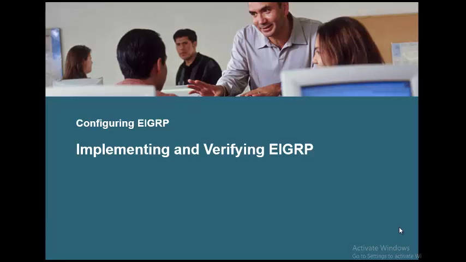Right. Earlier in our class, we saw implementing and verifying EIGRP. We implemented EIGRP and we were able to see the routes. We verified it. We did it with 3 routers. We used wildcard mask to filter some routes.